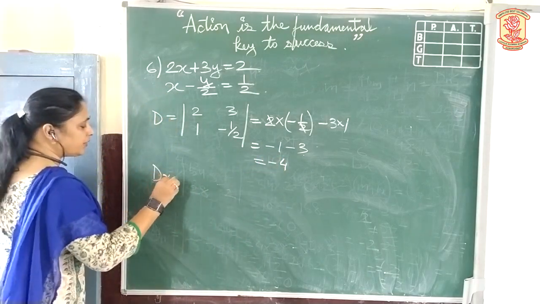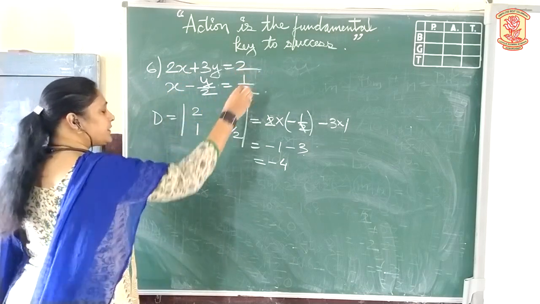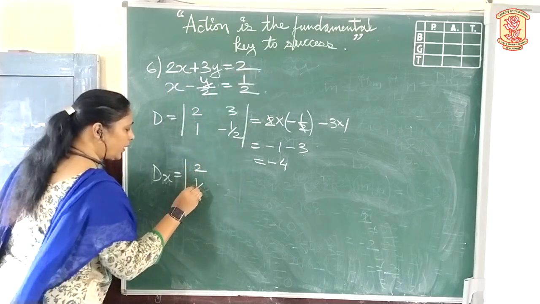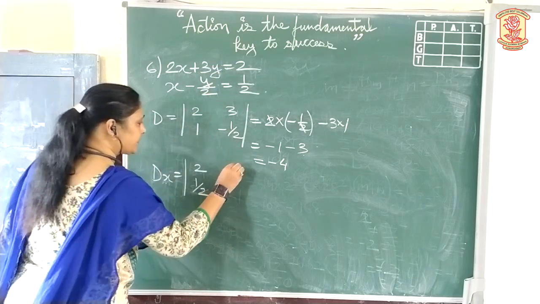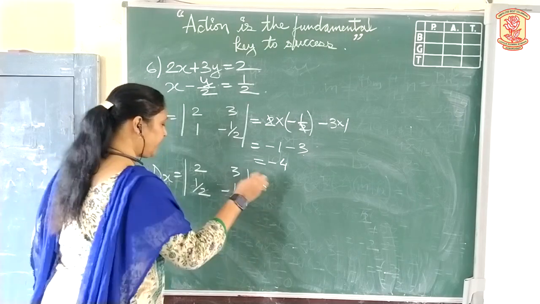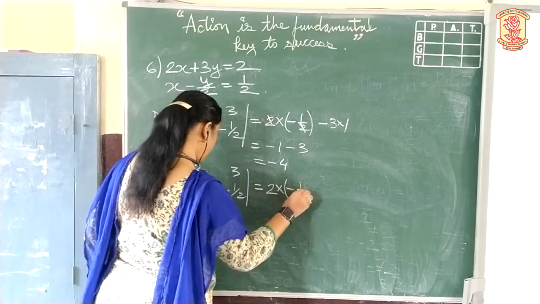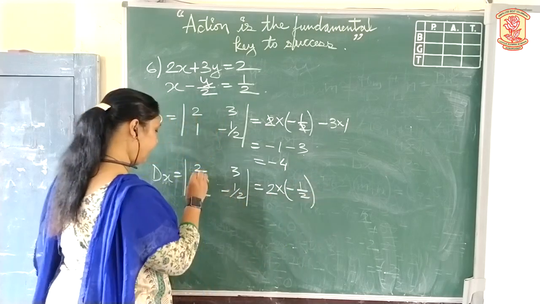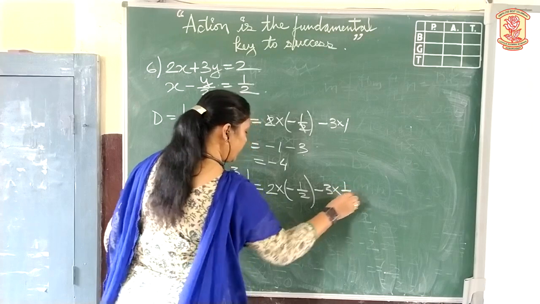To get the determinant for x, in place of the coefficients of x we write c1 c2, that is 2 and 1 upon 2, and the coefficients of y as it is, 3 and minus 1 upon 2. So we get 2 into minus 1 upon 2 minus 3 into 1 upon 2.